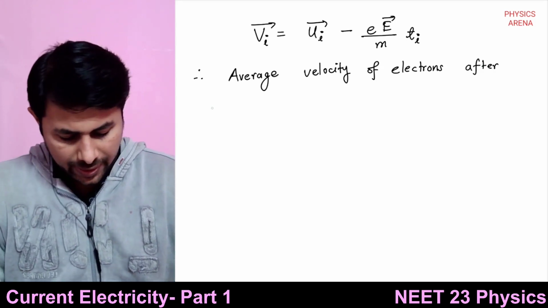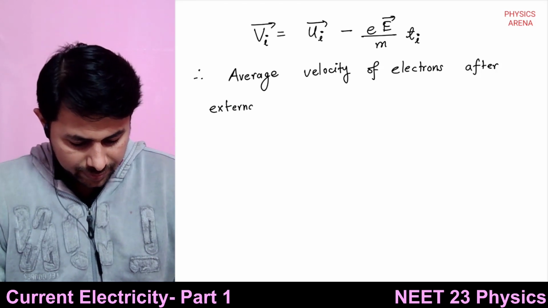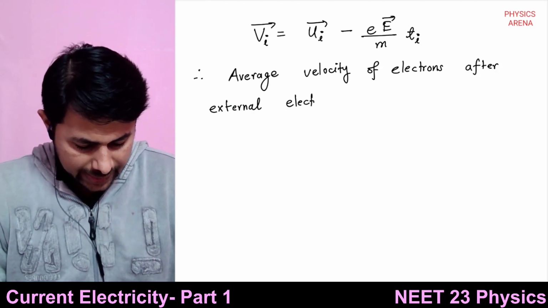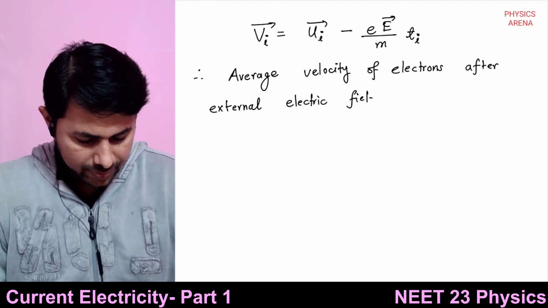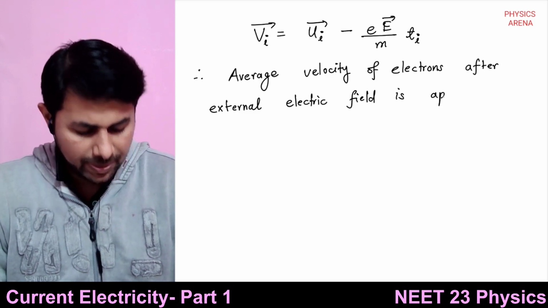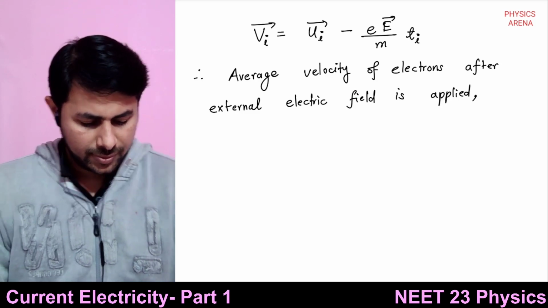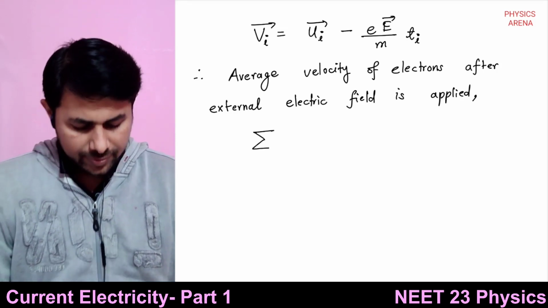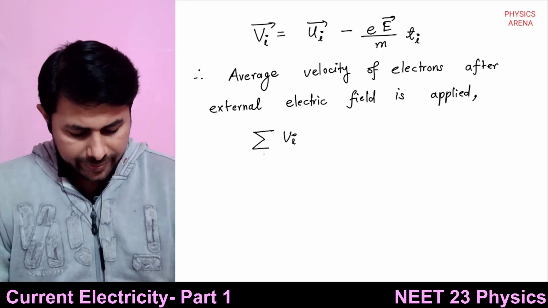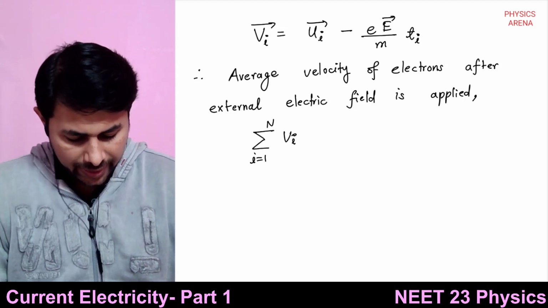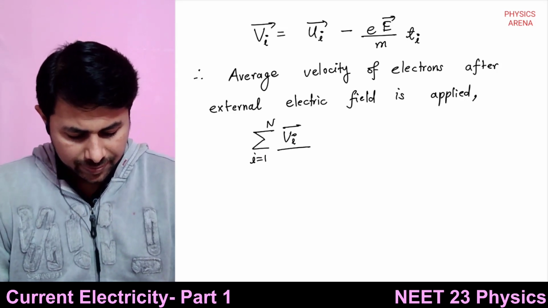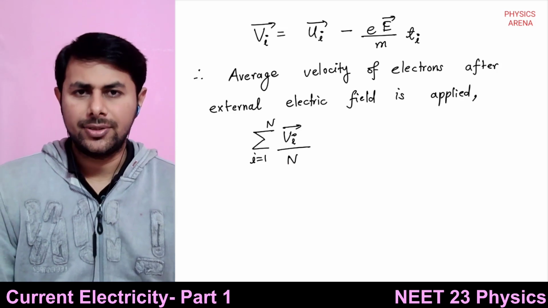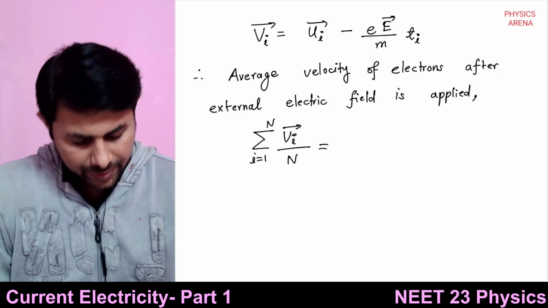So after the external electric field is applied, it will be summation of Vi, i goes from 1 to n, divided by the number of electrons, right?